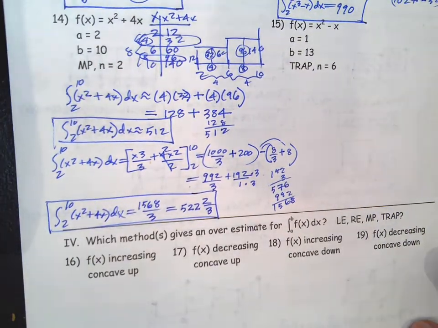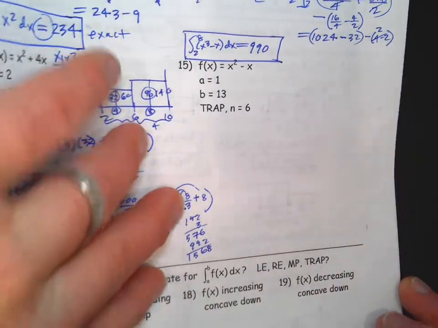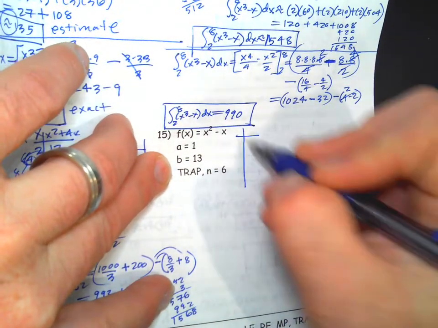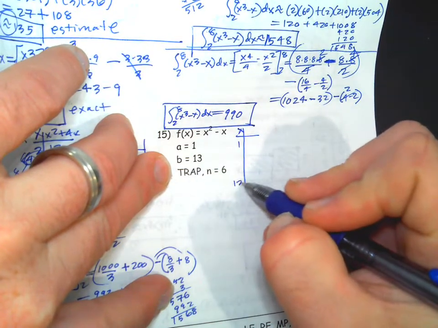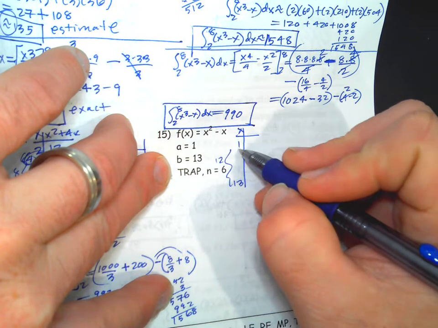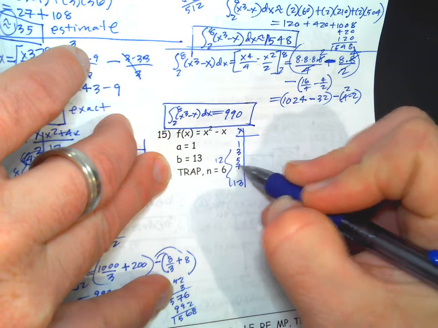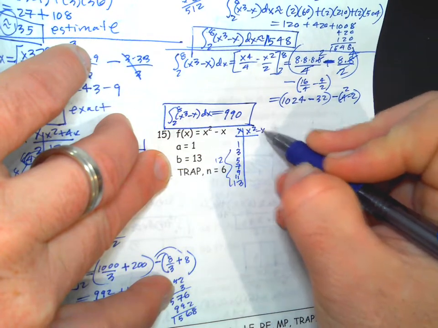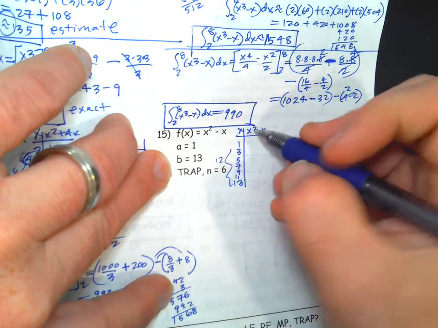Okay, last one of these, trapezoids, 6 of them. So we're going to make a table. We got 1 to 13, the gap is 12, divided by 6 is 2, so 1, 3, 5, 7, 9, 11, 13. I'm going to plug these into x squared minus x. Plug 1 in, you get 0.